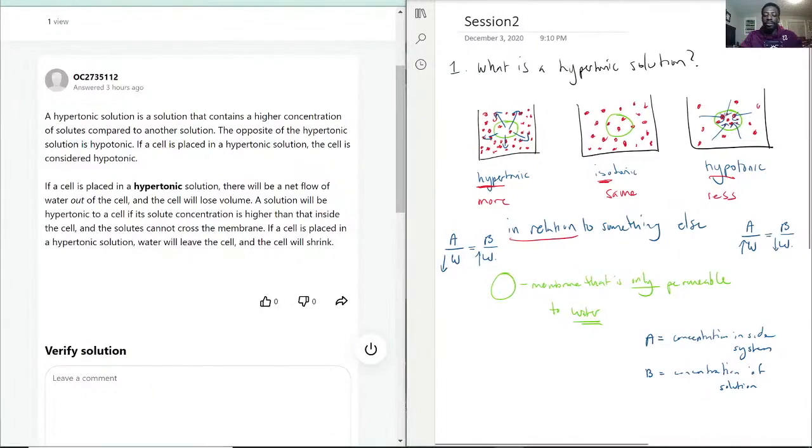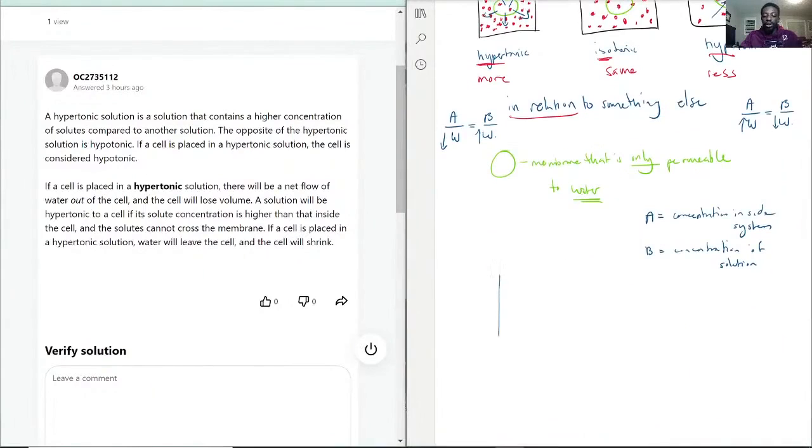Sometimes you can also have examples where you draw it out like this, where you have a membrane right in the middle that's only water permeable, and then you have one side that has this much, and this side that has that much. So we have the more concentrated, which would be the hypertonic, and this would be the hypotonic.